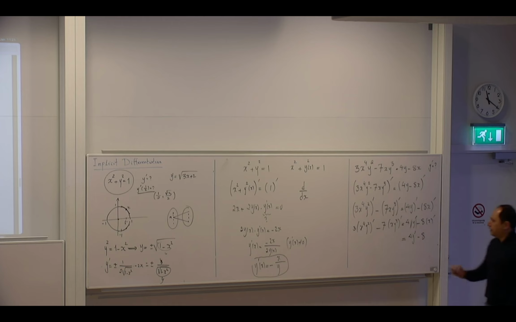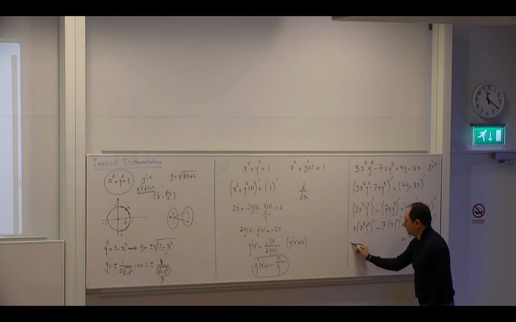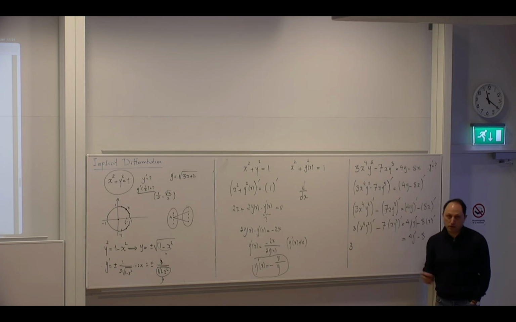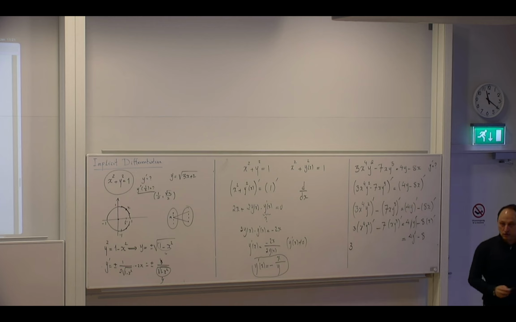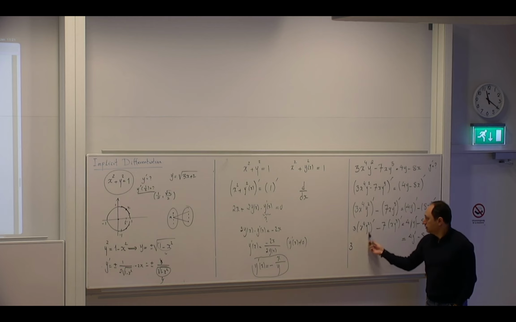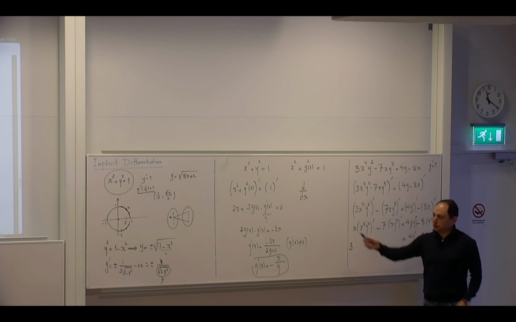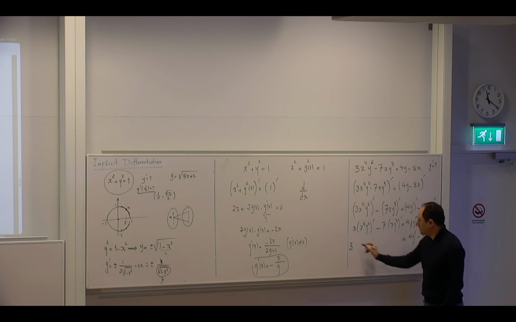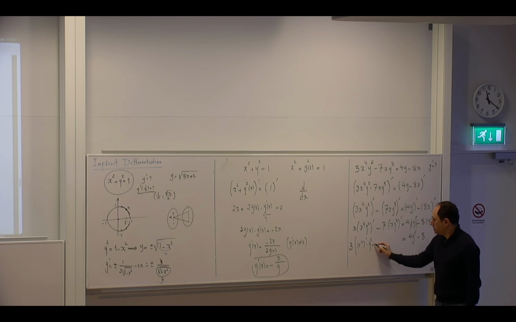But now I want to hear from you. I copy and paste this 3. What should I do here? I have a prime on, what is this? Product. It's a product. So it's a prime on a product. So what is the product rule? It is the derivative, so I open a pair of brackets, the derivative of the first one multiplied by the second one itself plus the first one multiplied by the derivative of the second one.